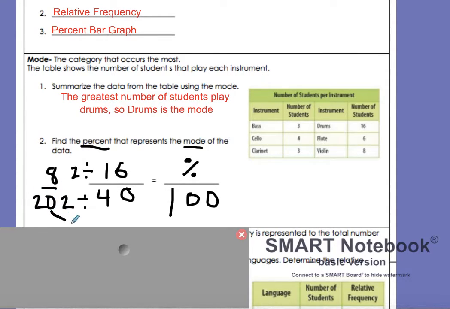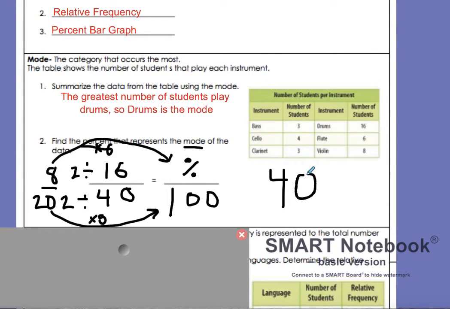Now I can go from 20 to 100 by multiplying by 5, which means whatever I do to the bottom, I have to do to the top, and 8 times 5 equals 40. So my answer is 40% of the students play drums.